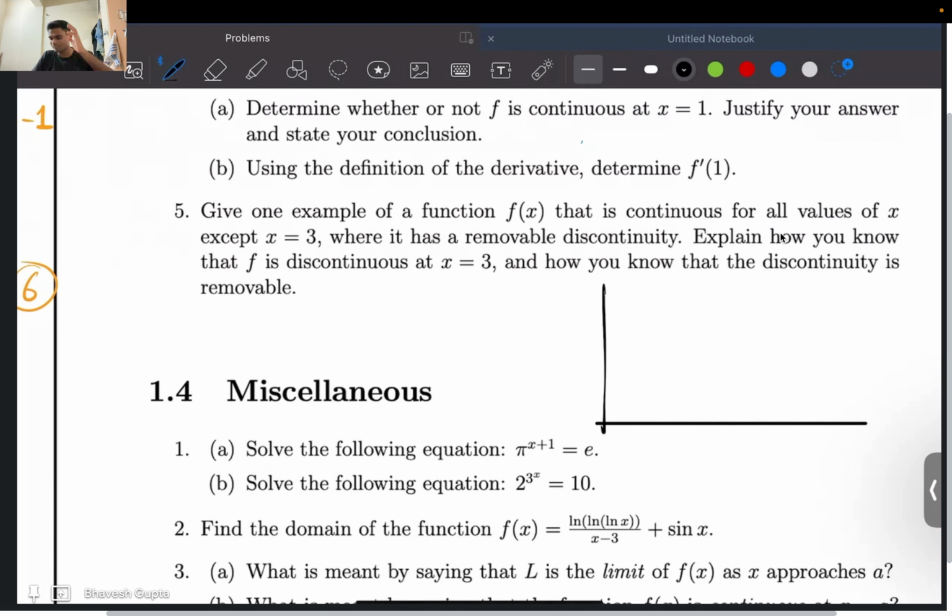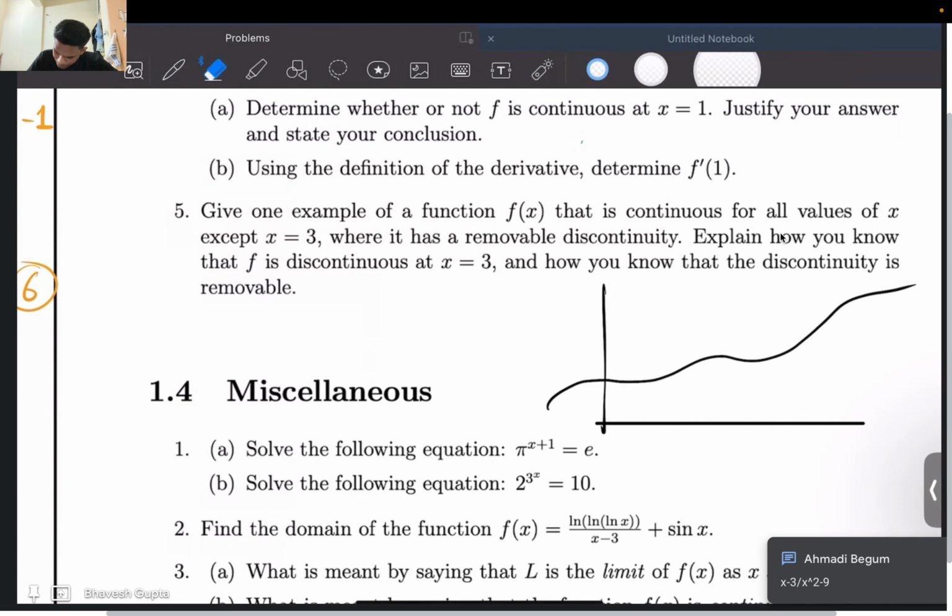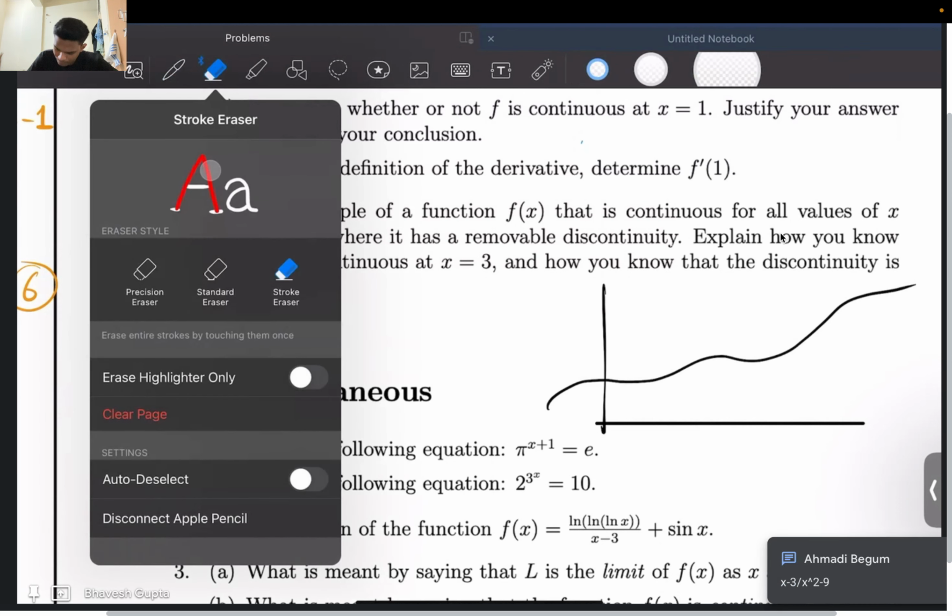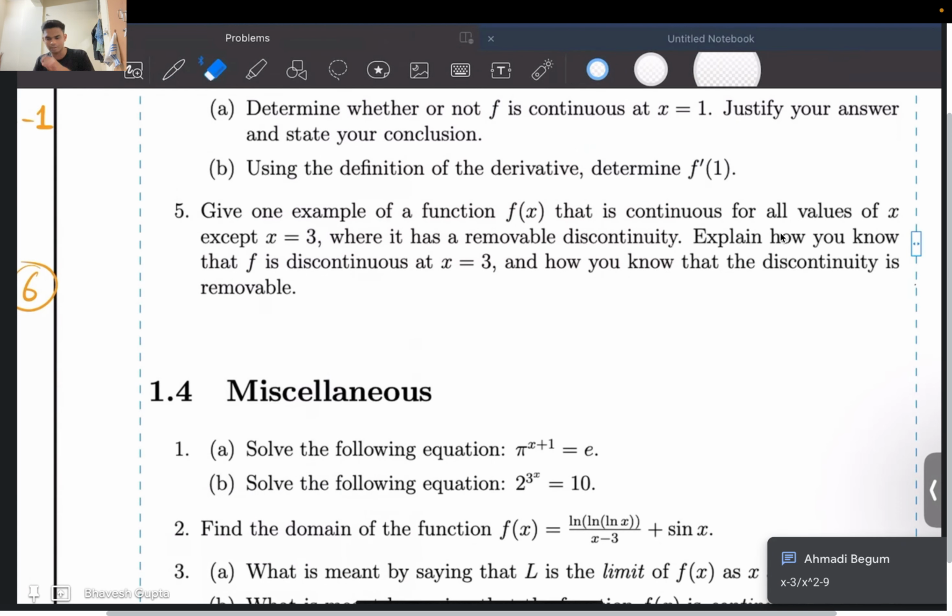maybe in a later class, whenever you have a function like this, and let's say, yeah, exactly, this is also one of the examples. Yeah, that's true.